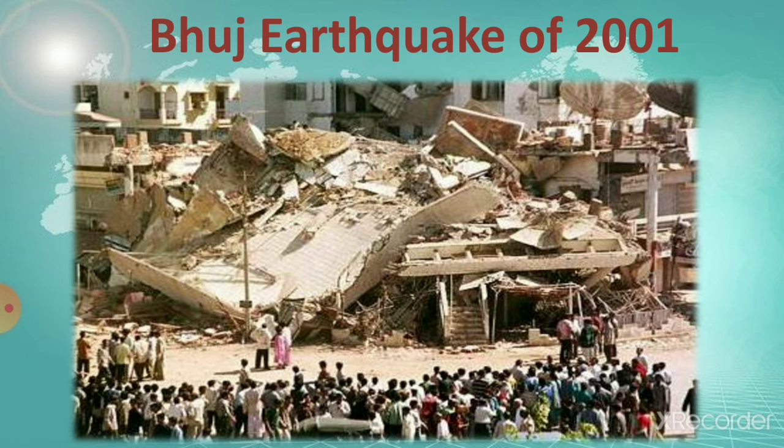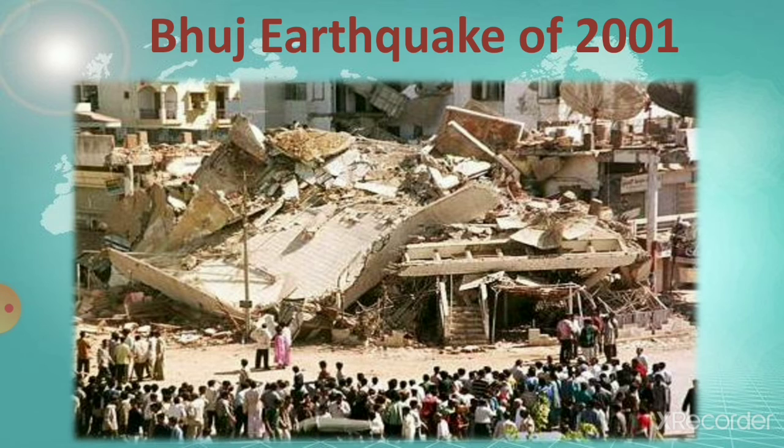The epicenter was near the town of Bhuj. The intensity of this earthquake was measured at 8.1 on the Richter scale, and as we have discussed before, earthquakes measured more than 6 are very devastating. Here the measurement was 8.1 on the Richter scale.